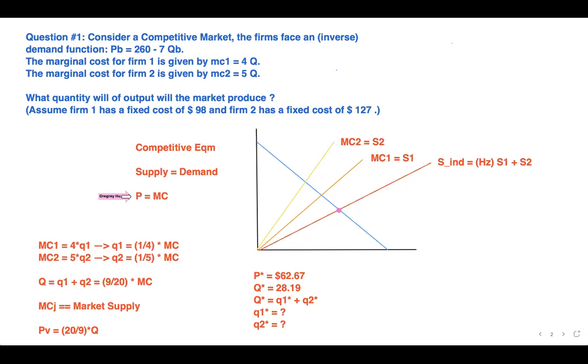I'll put the price. I'll replace the MC1 and MC2 with the price. Well, no, right? So look here, and maybe this should be clear.